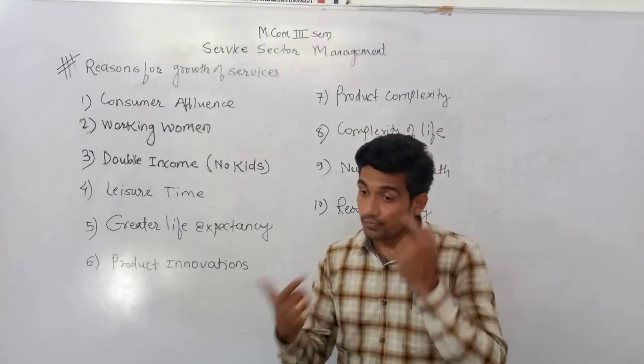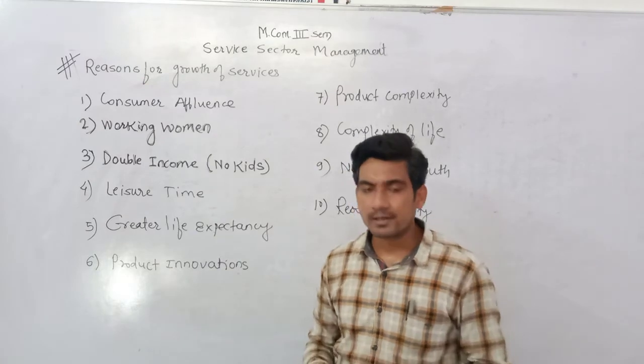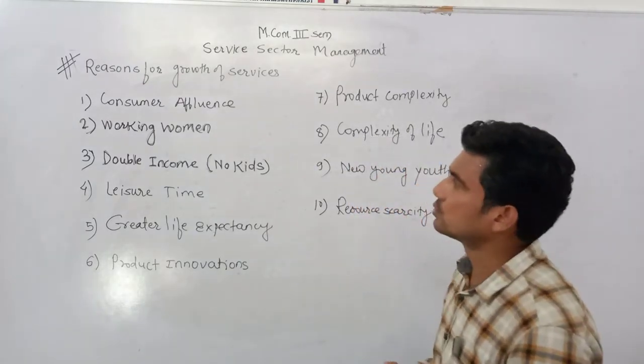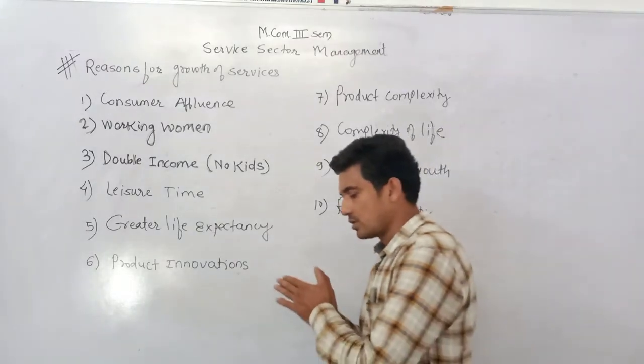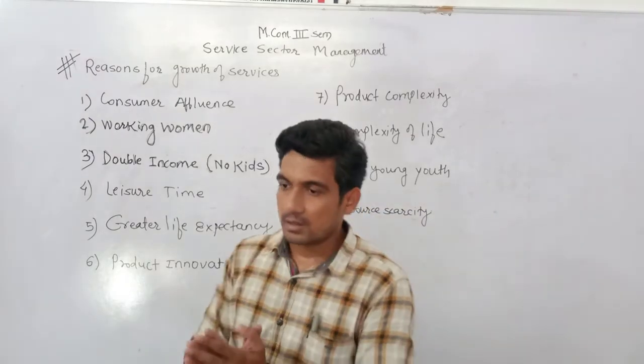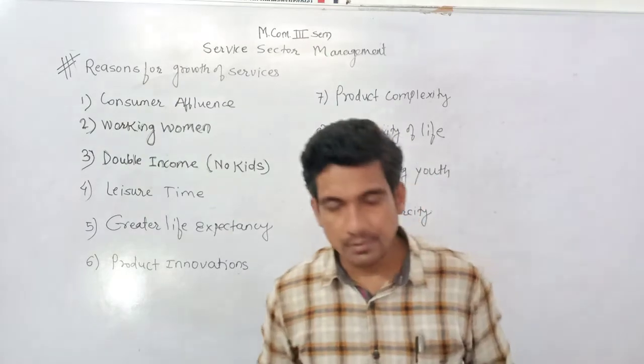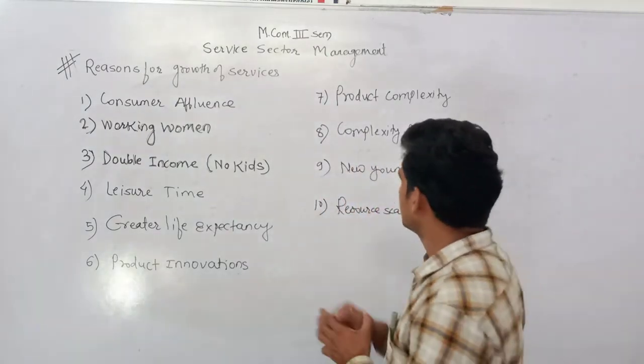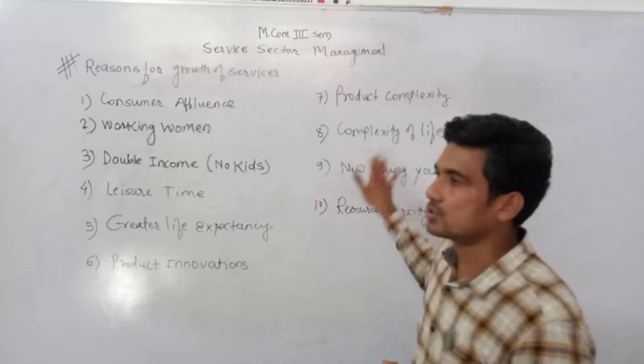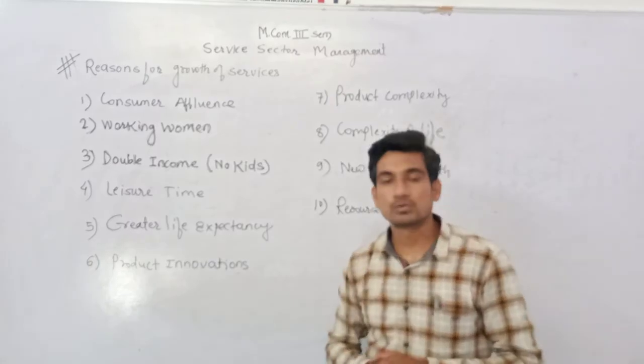So he tends to such services which offer him or her a simple product which will make him relaxed. So we can say that complexity of life is actually responsible for the growth of services.